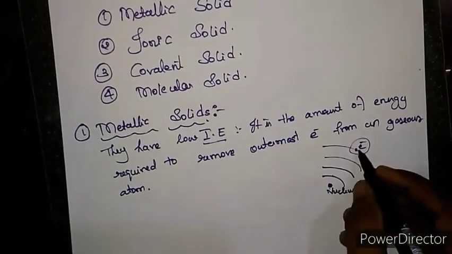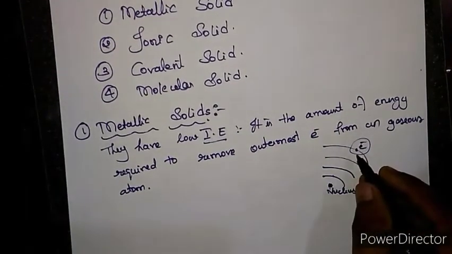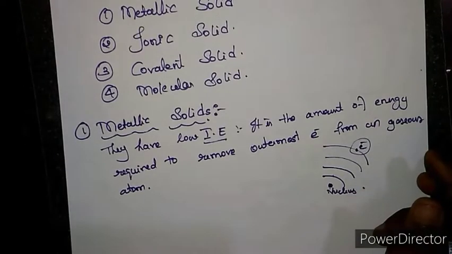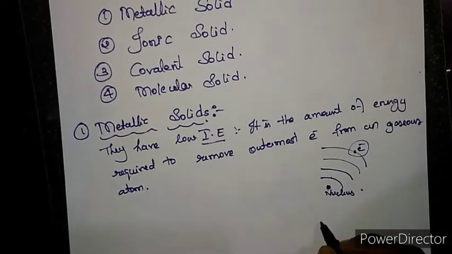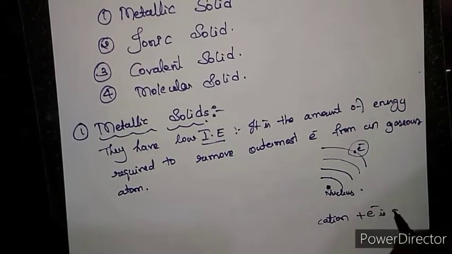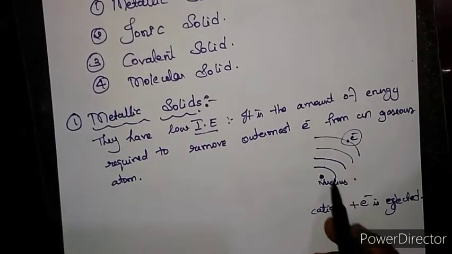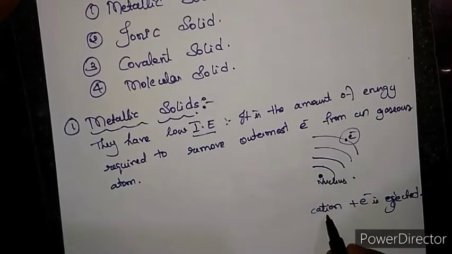Now if I remove this electron, what happens to this atom? The atom gets converted into an ion. If the electron is removed, it becomes a cation, and the electron is ejected from the metal.